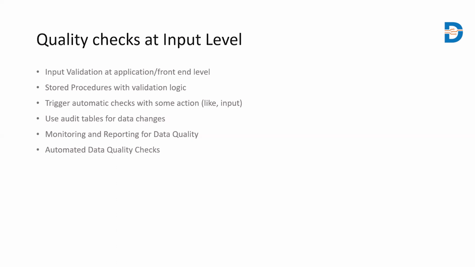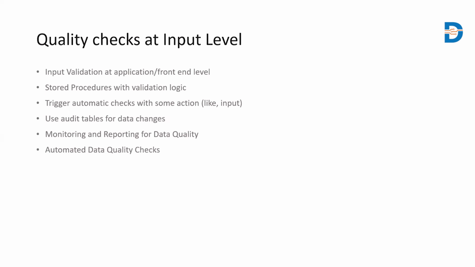For example, every time data is inputted in the front end application, you write code that will trigger these checks to happen. You can also set triggers periodically. You can also use audit tables for detecting whenever data changes, then go check the data and validate it.